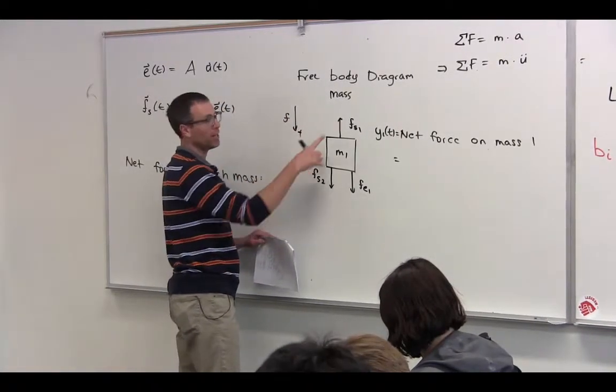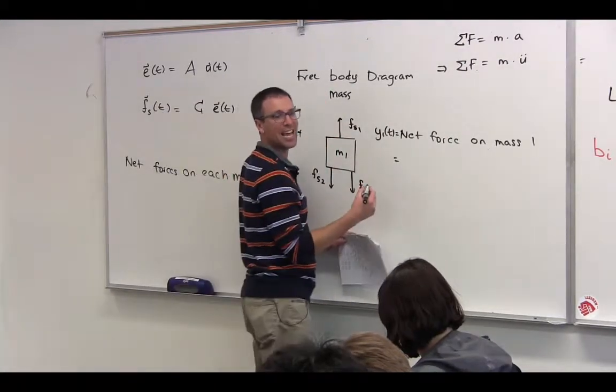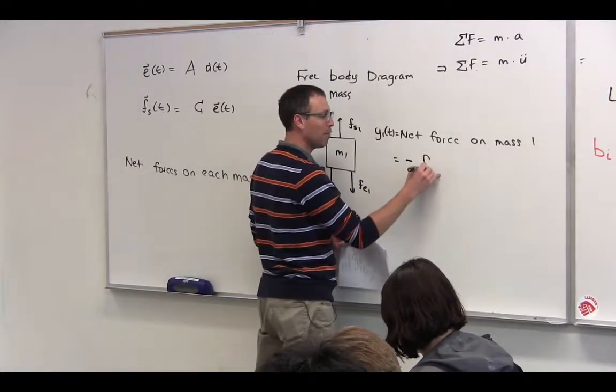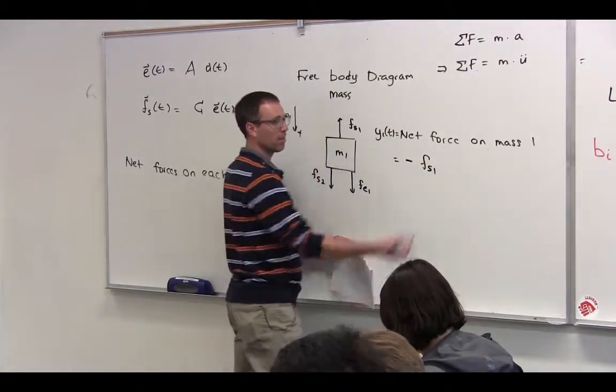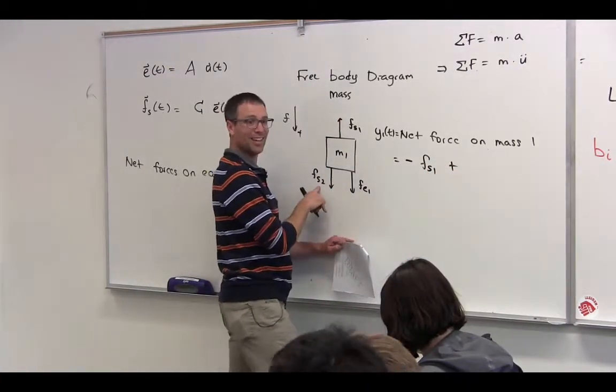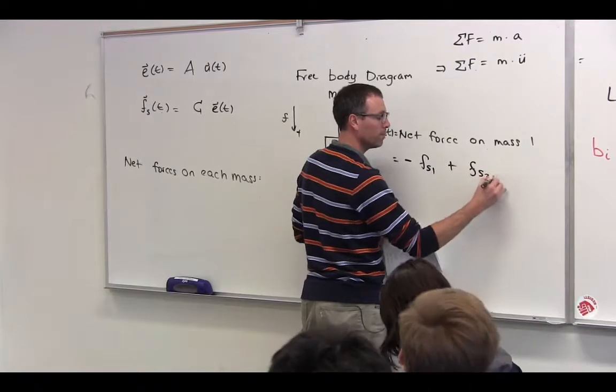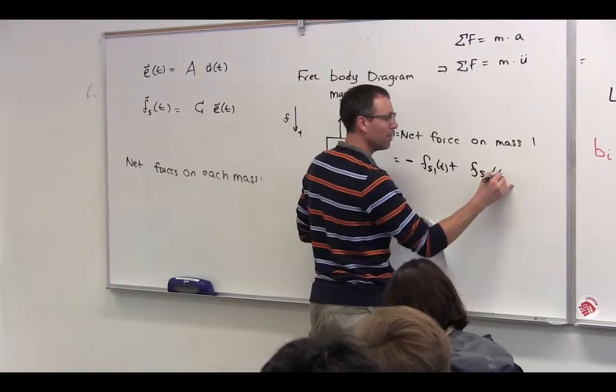Let's go ahead and calculate that. If this one's pulling upwards, does it get negative or positive? Negative Fs1 plus Fs2. And these are all functions of t. Go ahead, Anna.